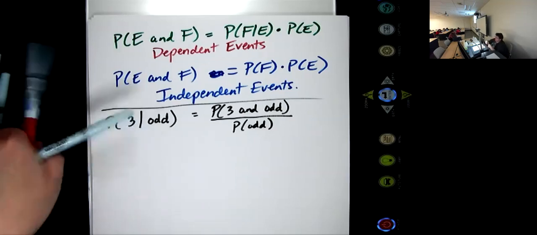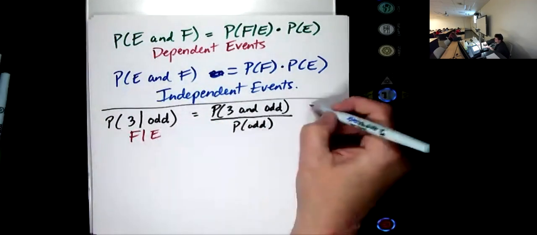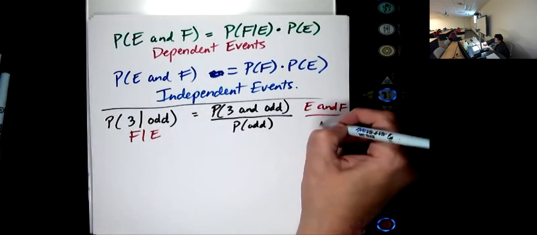So this is like doing the F given E, and this is E and F over E.